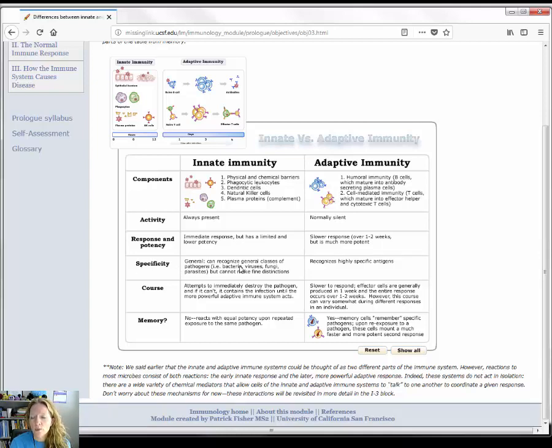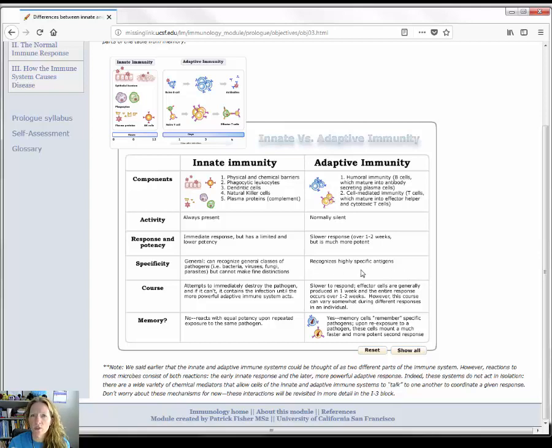Here's specificity. Remember that innate is also known as non-specific because it's very general as to the different pathogens that it is going to respond to. It's going to kill off anything that it can. It doesn't make any kind of fine distinctions like adaptive immunity will.